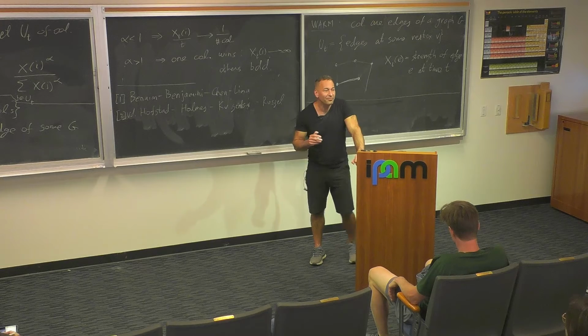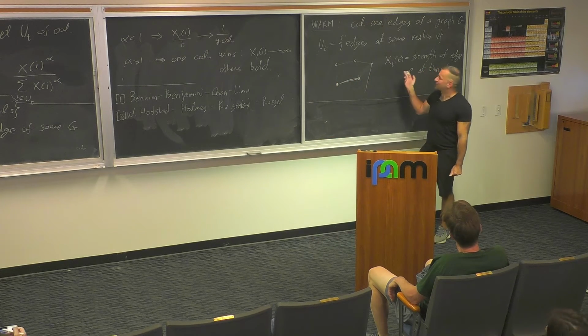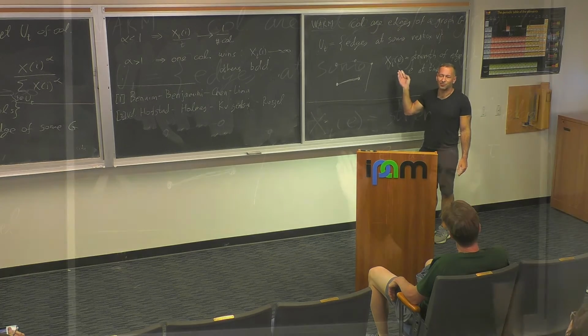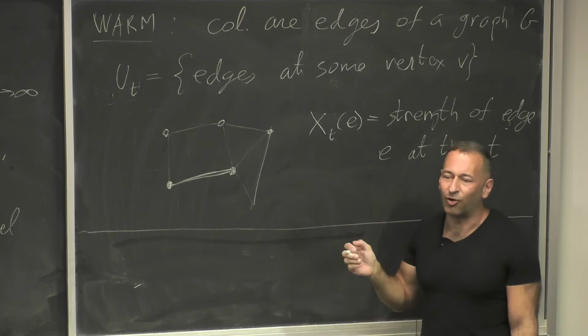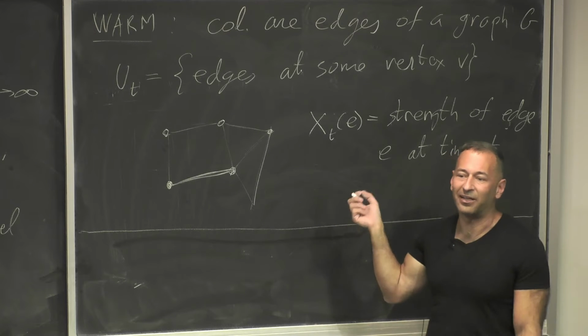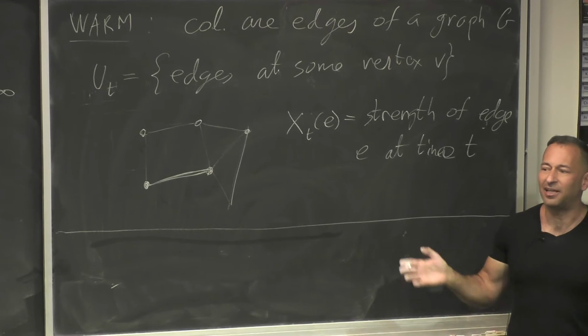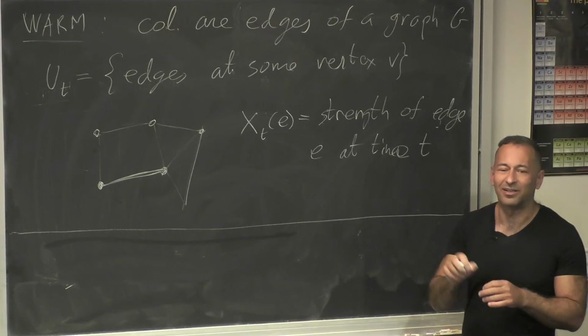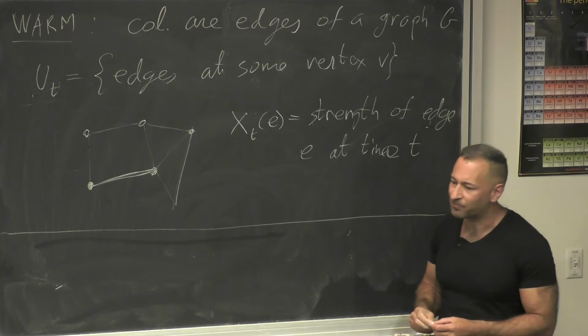I should mention, by the way, that when the graph is finite, you can pick a vertex uniformly at random or with respect to some distribution on the vertices. But you can also do this for infinite graphs, where for every vertex, you have some rate at which you pick this vertex. So you can do this, for example, on Z^d, where every vertex you pick at rate 1, and you reinforce one of the edges connecting to it.